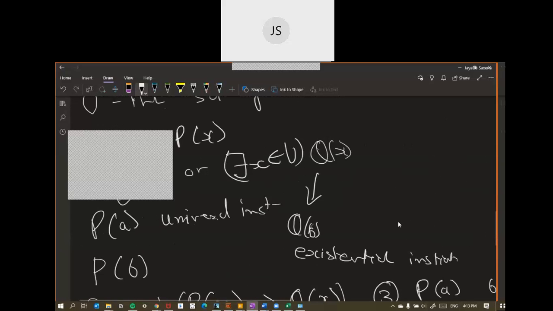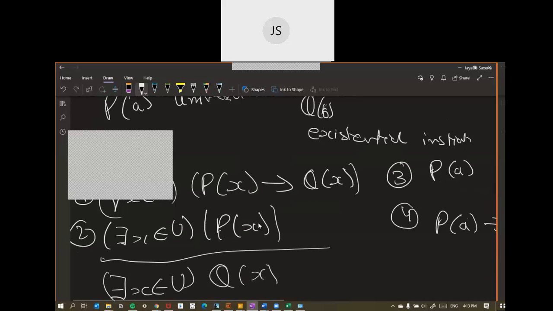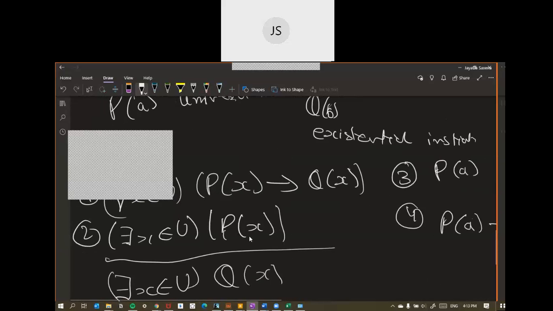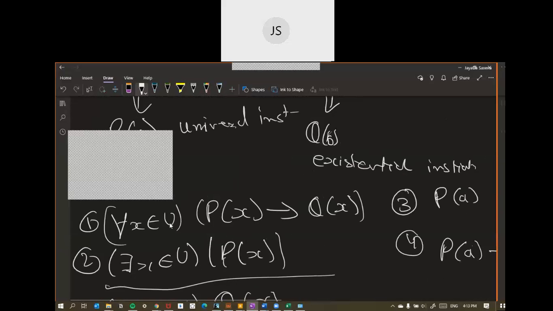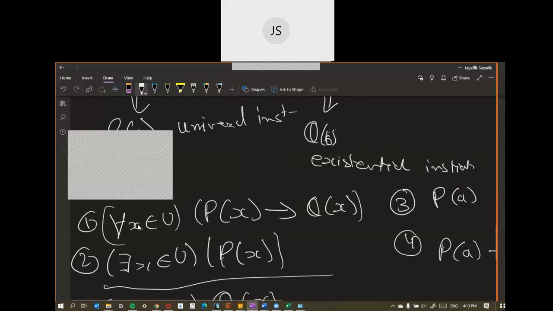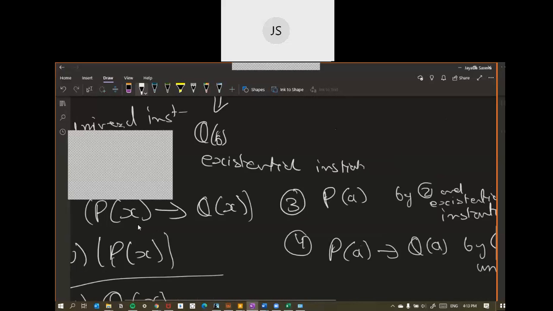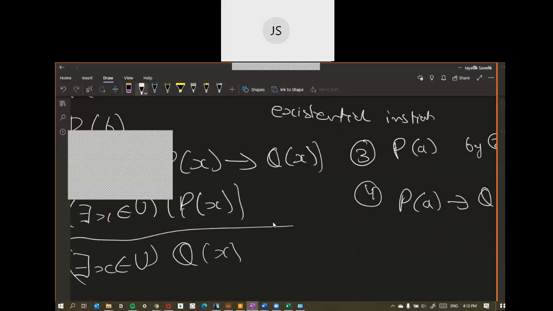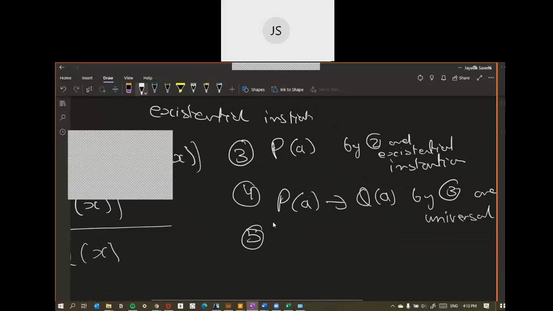But since this is specific, and we chose that this a represents those specific elements, we know that a belongs in this set. We can use universal instantiation to say that this statement is true for a. Then we get from 4 and 5 and modus ponens Q(a).